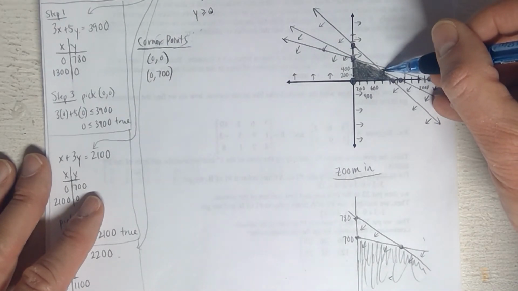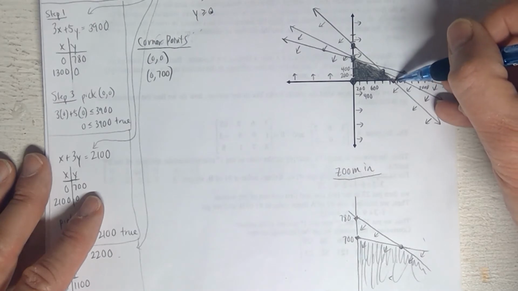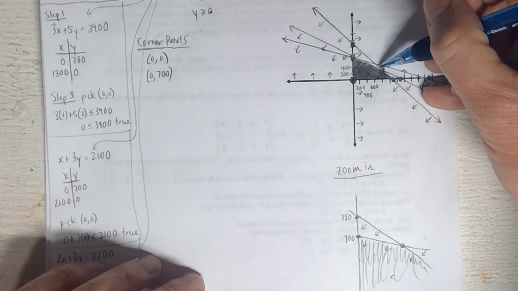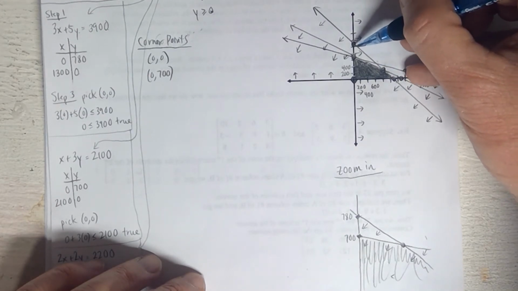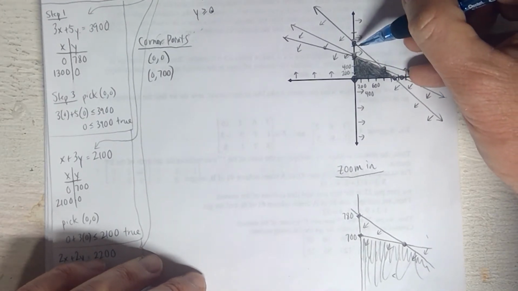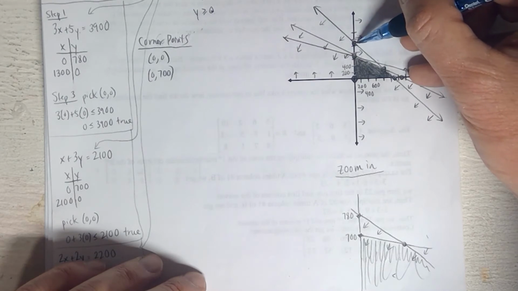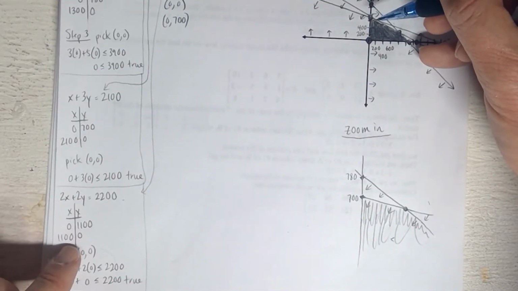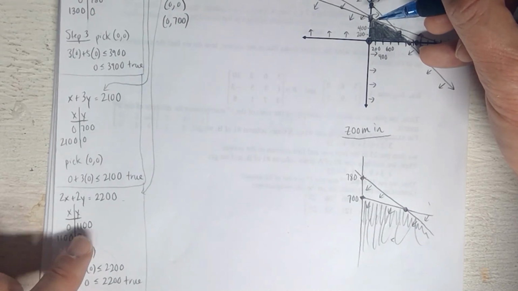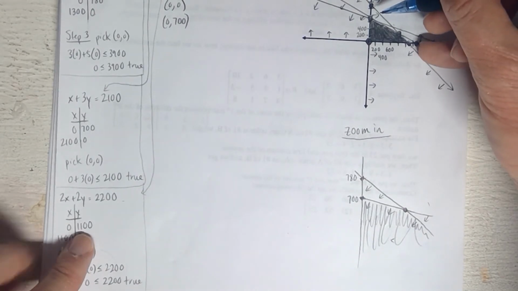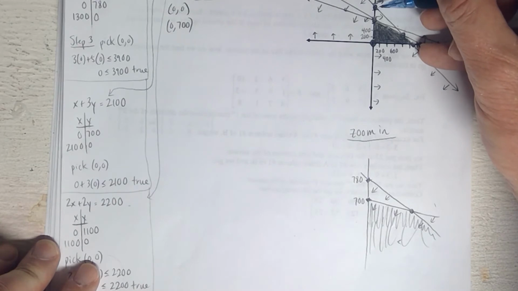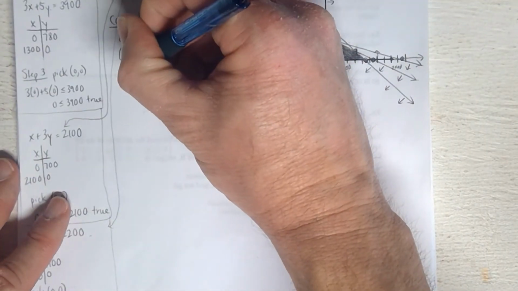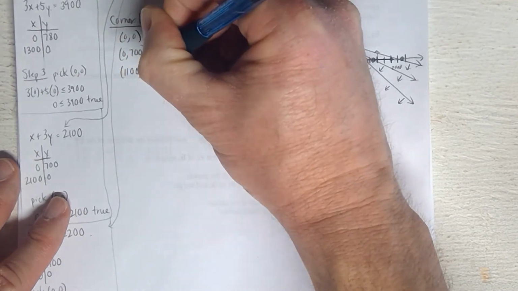And then this one right here was what? Well, if I follow the line up to where it's a little bit more clear, not so bunched together, I can tell that this is 1100 right here. So it must be this point right here, 1100, 0, because it pairs up with 0, 1100, which is this one right here. So that point must be 1100, 0.